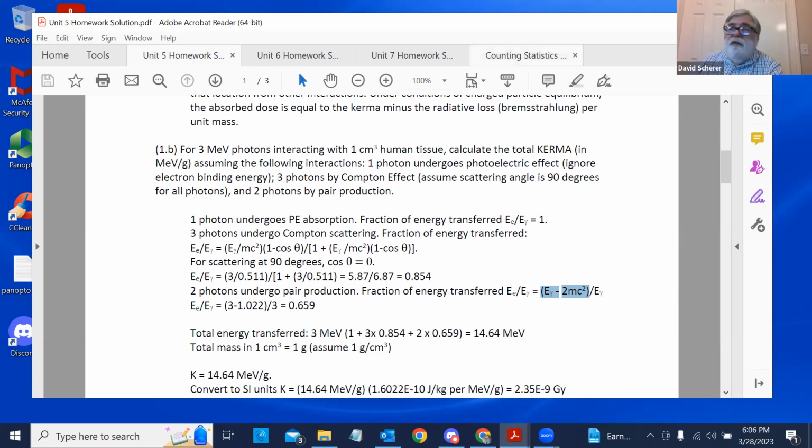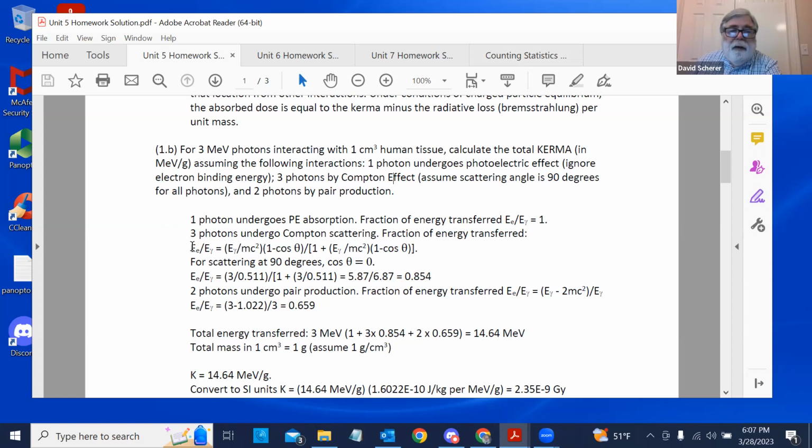So rather than using that other formula in terms of the coefficients, we can't really do that for a problem that's set up this way. This was set up just to use the principle, the idea of the definition of Kerma. It's the energy that's transferred. Figure out how much energy is transferred for each interaction.